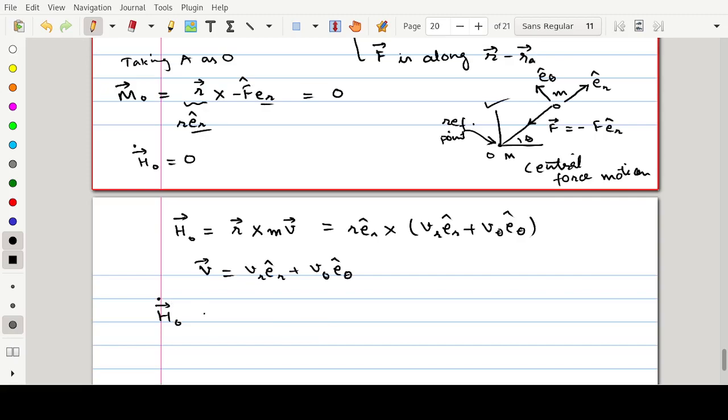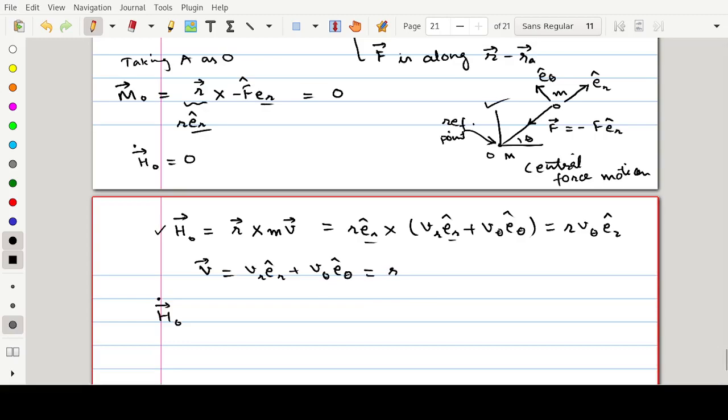Anyway, coming back, before finding HO dot we have to find HO. When you take the cross product, e_r cross e_r will become 0, and e_r cross e_theta will be e_z. So this comes out to be R v_theta e_z, and you know v_theta is nothing but R theta dot.